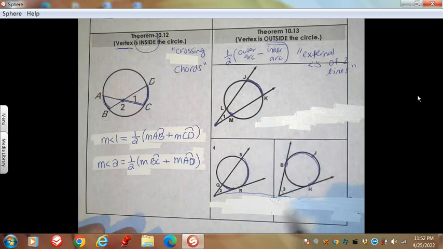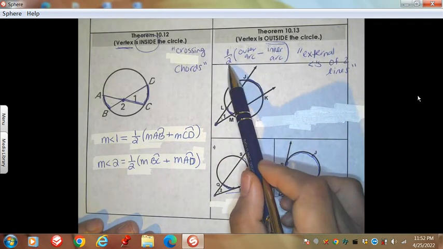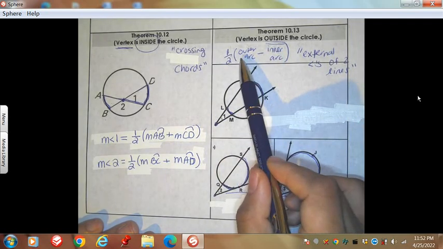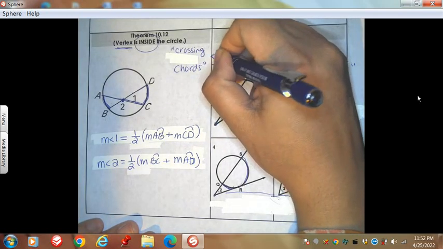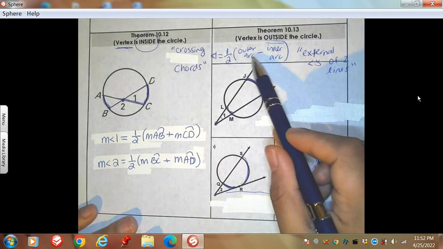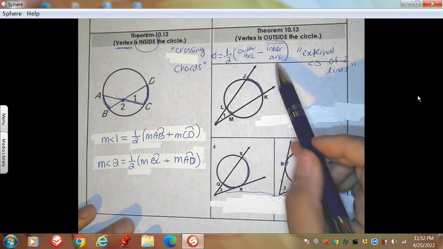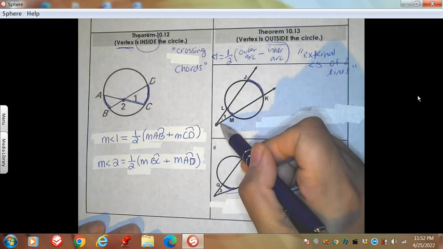So the main formula looks like this, where it's still got the 1/2. The angle would be equal to it. So you could say whatever angle it's referring to would equal what this is. But it's saying outer arc minus inner arc. So what that means is the outer arc and the inner arc that create that external angle are what you are subtracting.